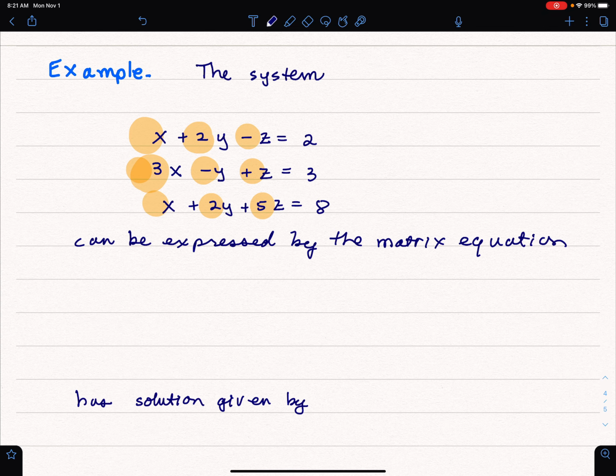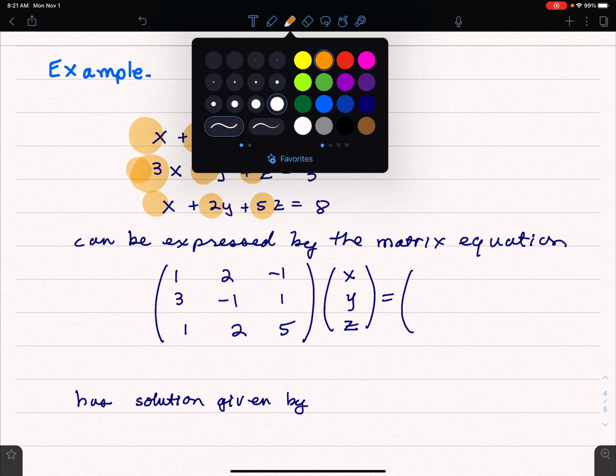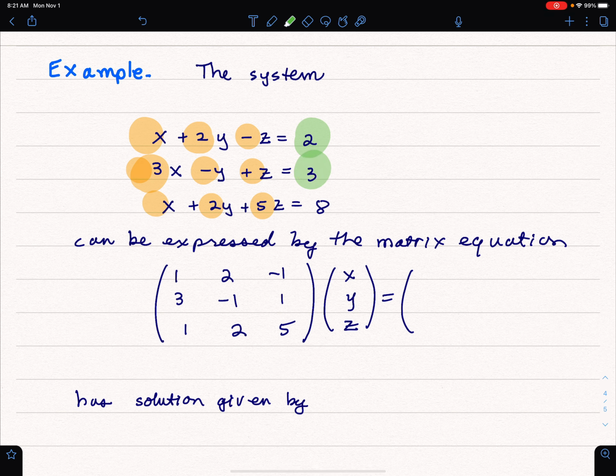That will give me 1, 3, 1, 2, negative 1, 2, negative 1, 1, 5, times x, y, z, and this is equal to these constants on the right. By the way, I have never heard a standard name for that vector on the right. Some people call it a force vector or something, but anyway.